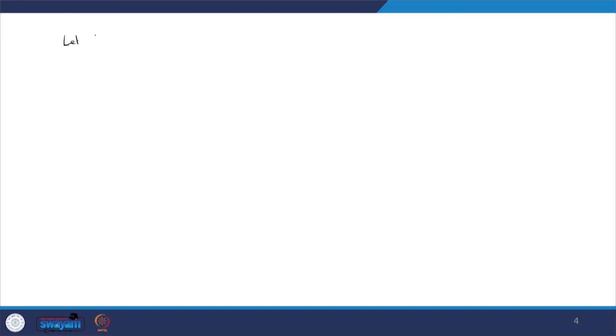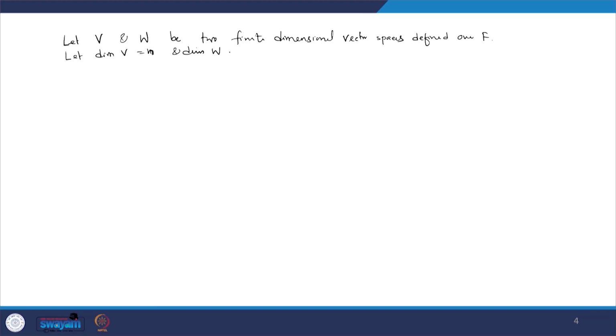Let V and W be two finite dimensional vector spaces defined over the field F. Let dimension of V equal to n and dimension of W equal to m.